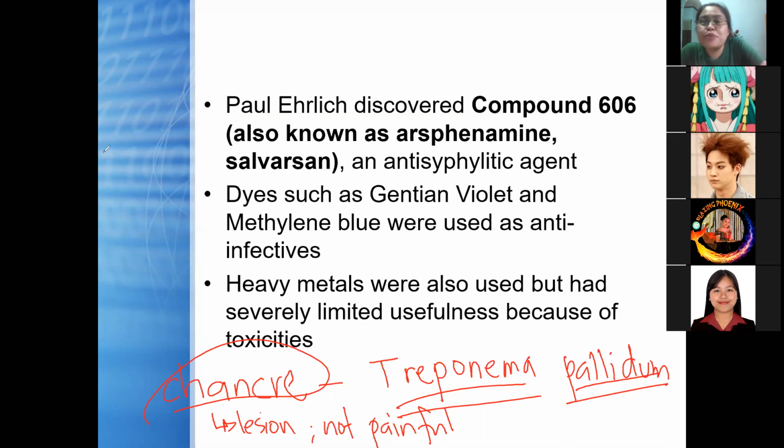Once they accumulate inside the body, pwede siya mag-cause of toxicity. So, nalimit na ang paggamit sa mga heavy metals as anti-infectives. Kasi sa una, like mercury, we use mercury as anti-infective. Pero remember that mercury can cause like Minamata disease or Mad Hatter's disease.